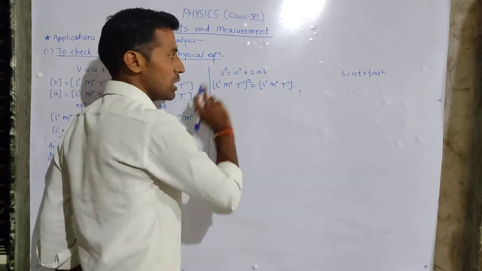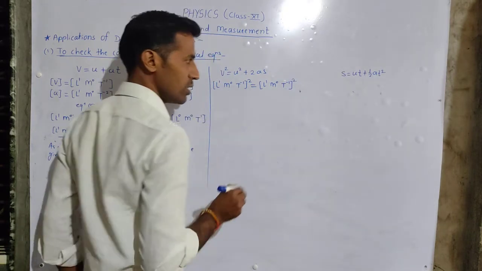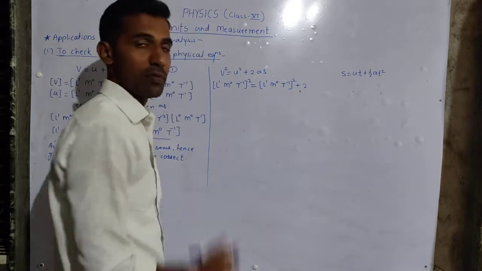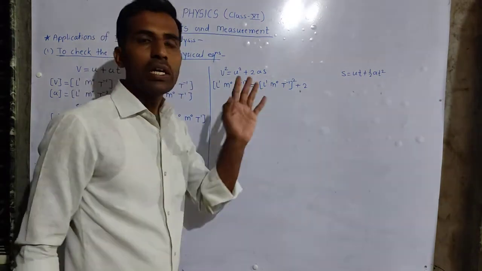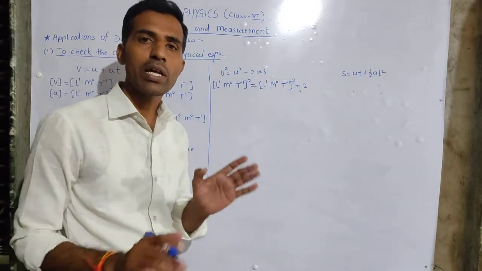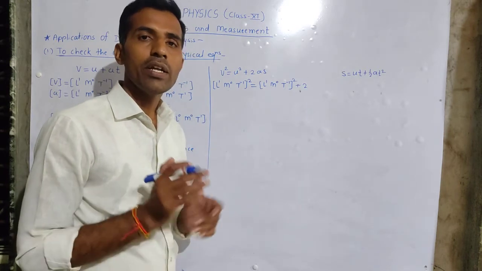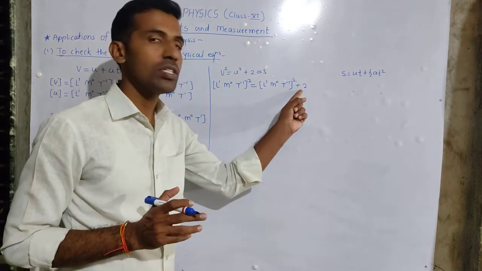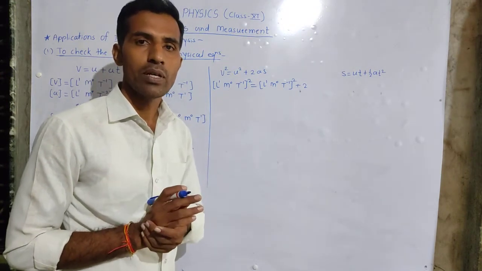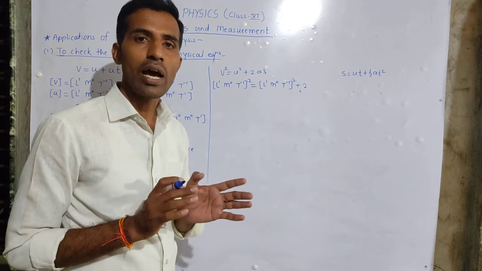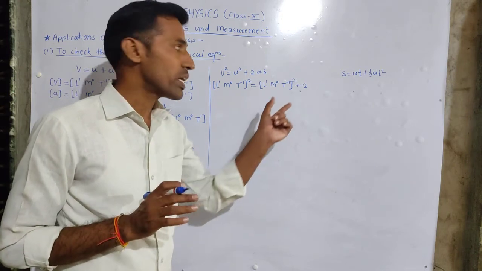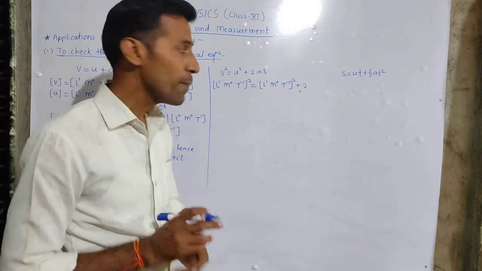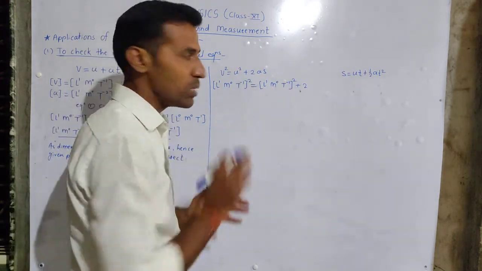There is also u square, so we can write here power 2, plus 2 times a s. Here 2 is the numerical constant. If there are any constant terms, then dimensional analysis fails to give the dimensions of the constant term. Clear this? Dimensional analysis fails to give the dimensions of a constant term. This is the drawback of dimensional analysis. So this constant term 2 remains as it is.